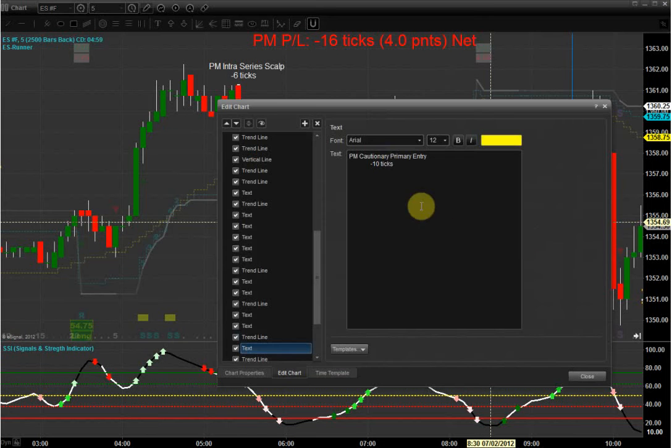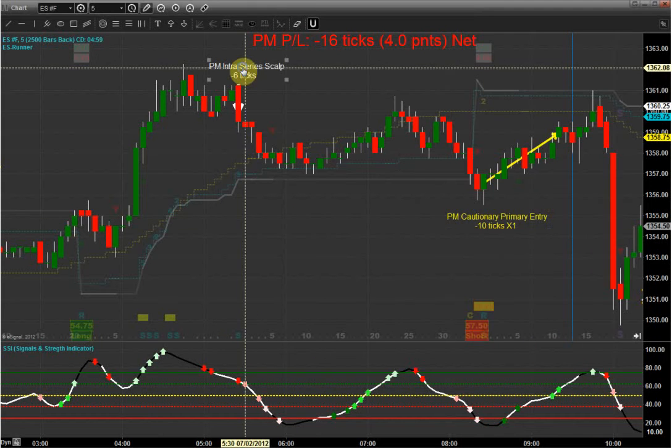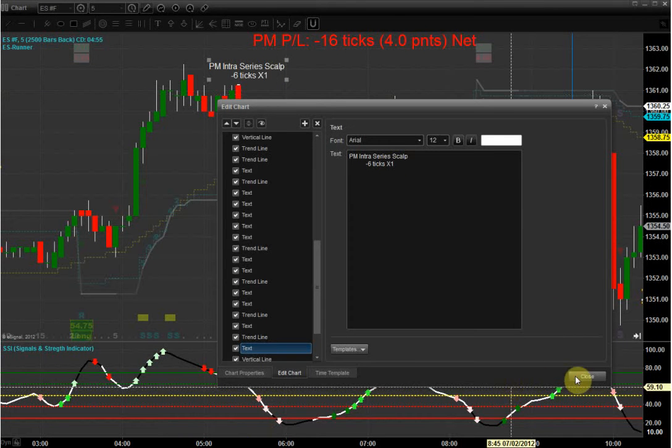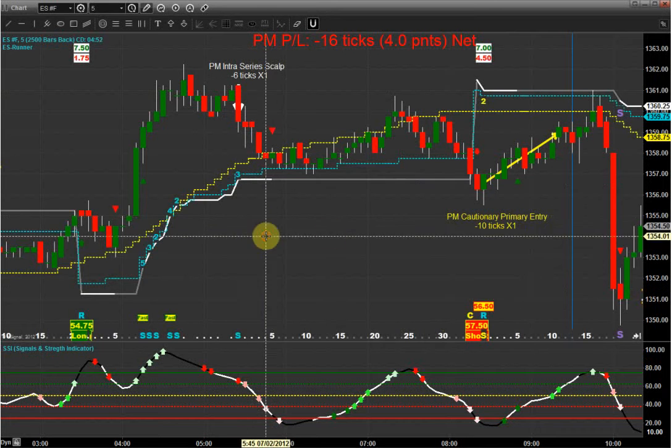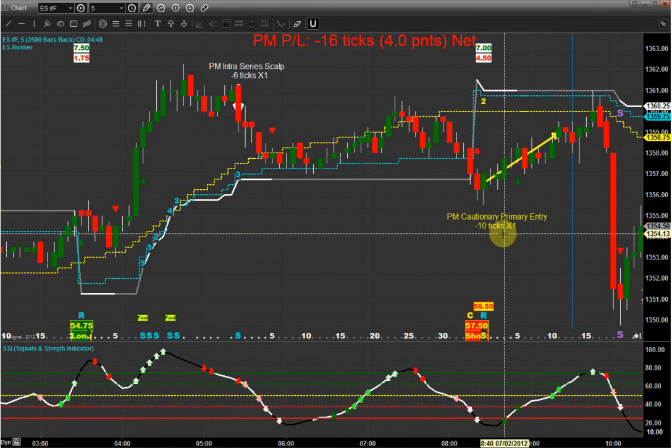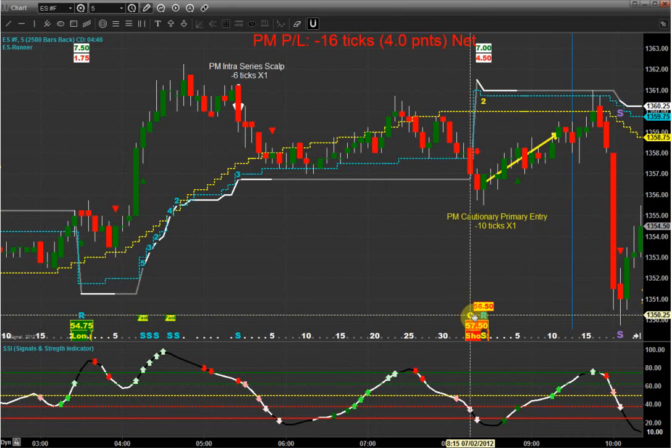And the reason for that is because 1 contract is used, or half the position size is used for a cautionary trade, as it is for a scalp. So I'm using the profit and loss for the system based on the smallest contract sizes possible. 2 contracts for a primary entry, 1 contract for a scalp, and 1 contract for a cautionary primary entry. It's cautionary because the C prints it right here.